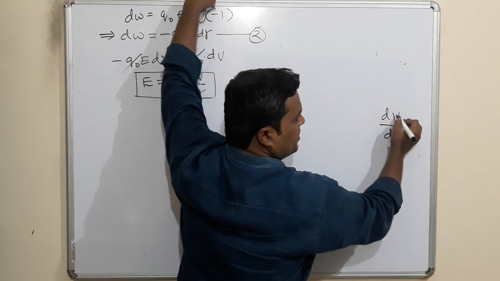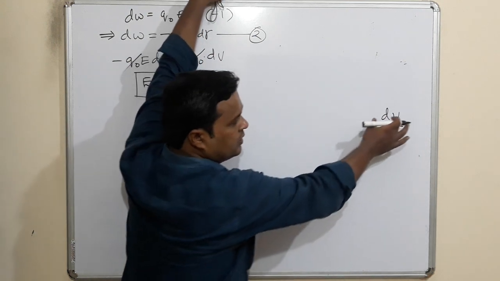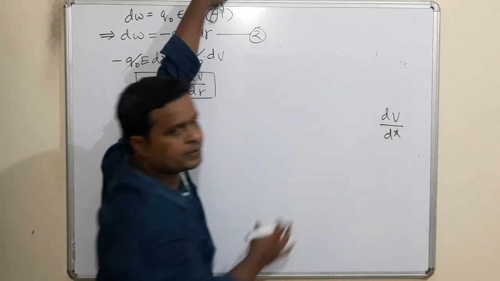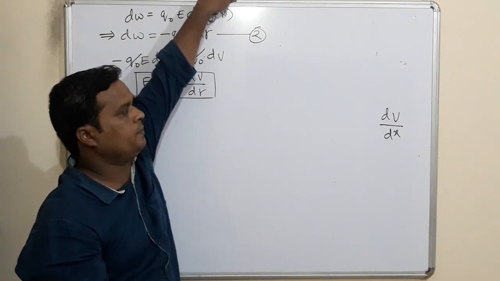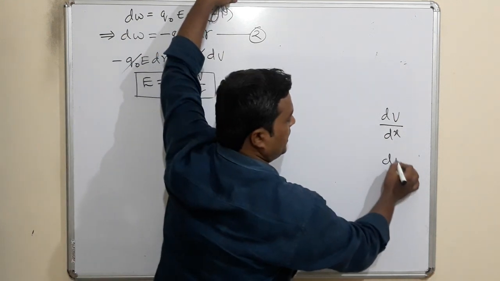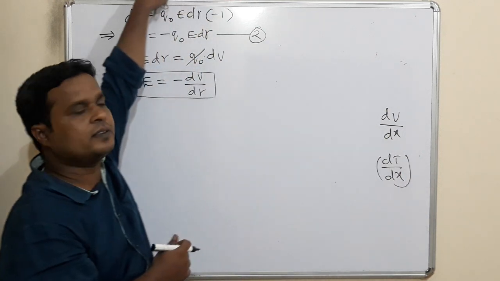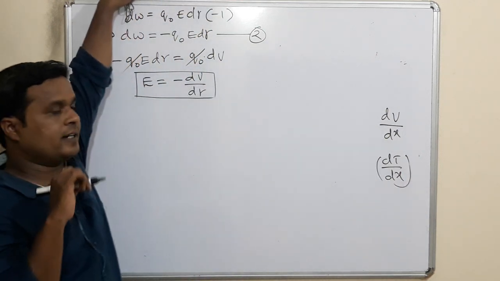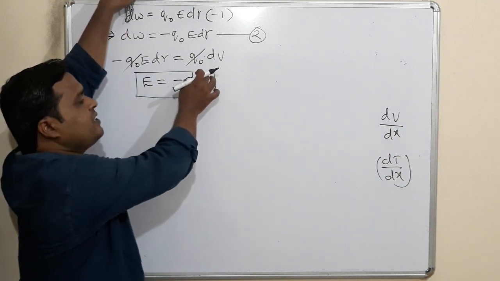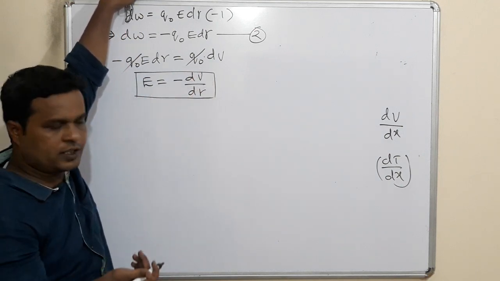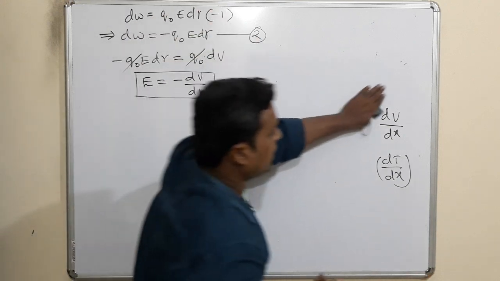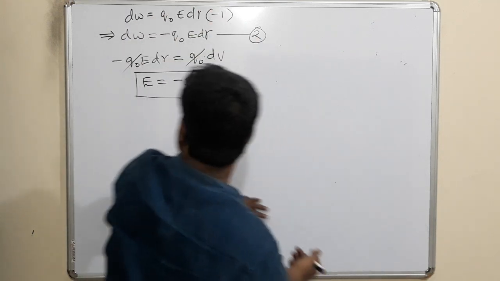If this is velocity, then change in velocity per unit distance is called velocity gradient. Change in temperature per unit distance is called temperature gradient. The change in potential per unit distance is called potential gradient, or gradient of potential.